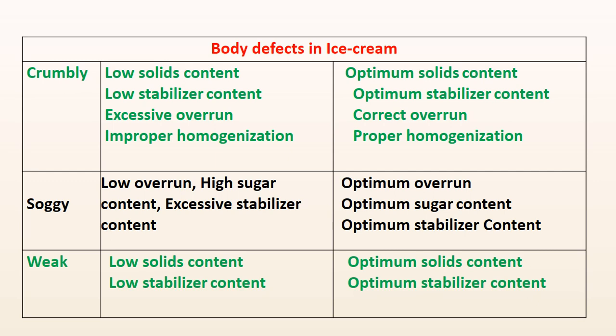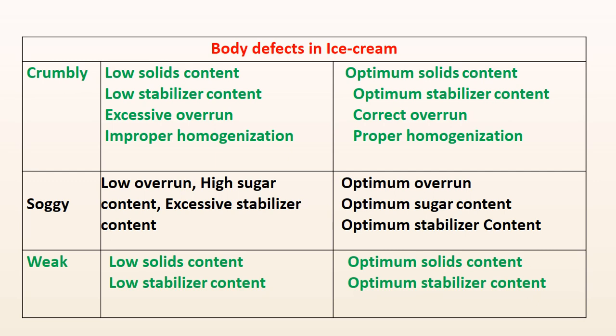The second defect in body is soggy. The cause is low overrun, high sugar content and excessive stabilizer content. And the prevention is optimum overrun, optimum sugar content and optimum stabilizer content.